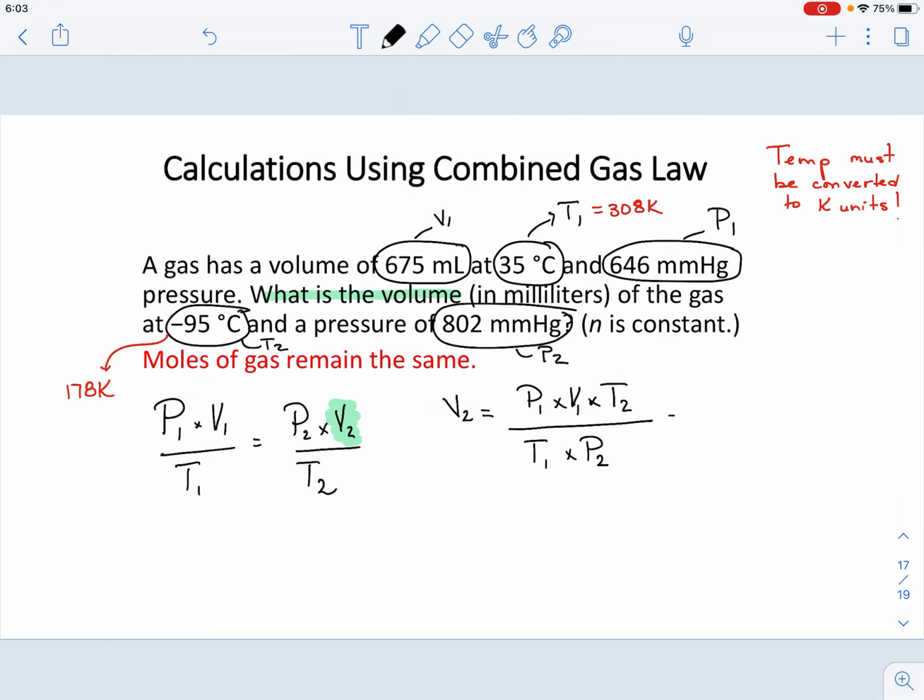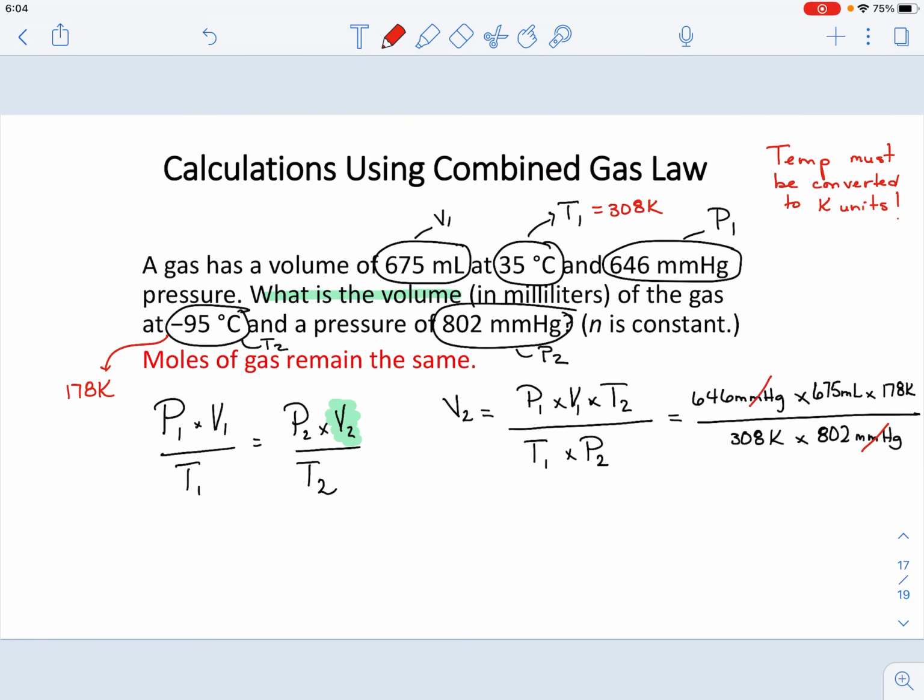So in order to do this, we're going to write in the values. So P1 is 646 millimeters of mercury. We're going to multiply that times V1, which is 675 milliliters. And we're going to multiply that times T2, which is 178 Kelvin. We're going to divide the whole thing by T1, which is 308 Kelvin. And that value is going to be multiplied times P2, which is 802 millimeters of mercury.